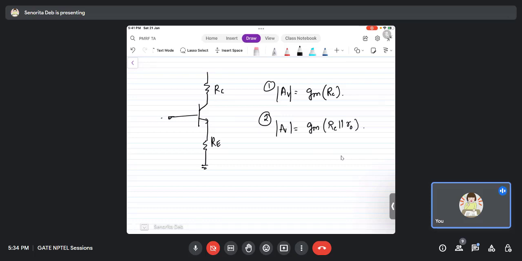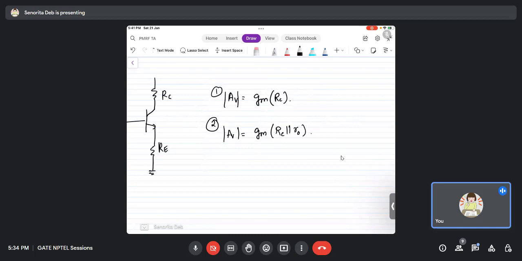R naught comes in parallel to RC. These are also called intrinsic gain. Suppose RC is not present, then due to early effect, AV equals GM times R naught, RC absent. This is called intrinsic gain.